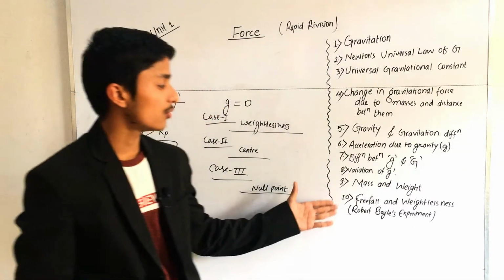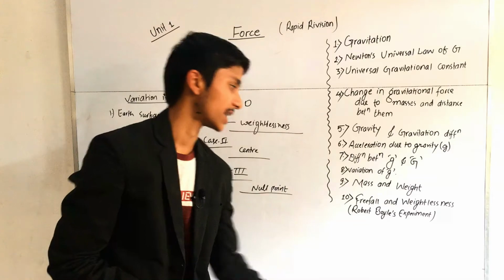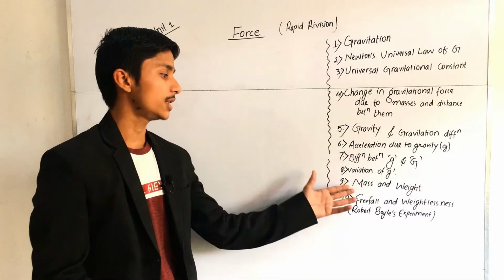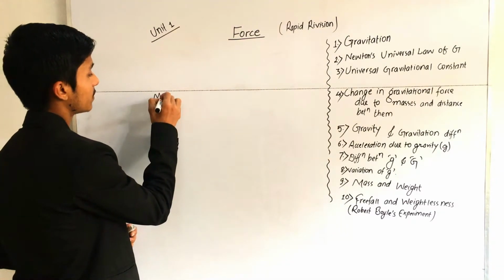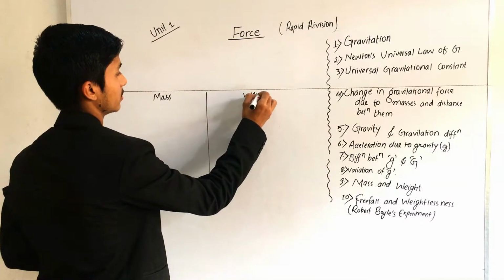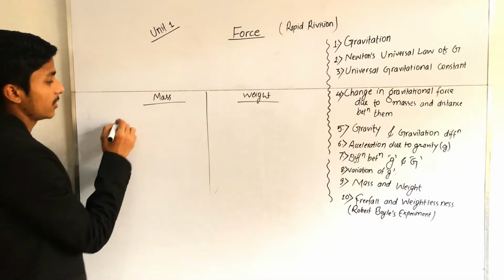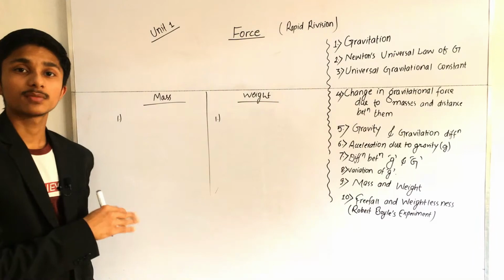We move to our next topic, that is mass and weight. Under this topic, we only discuss differences between mass and weight. What will be the difference between mass and weight? Here, first one, we can say what is mass.